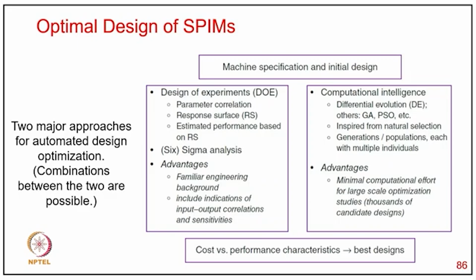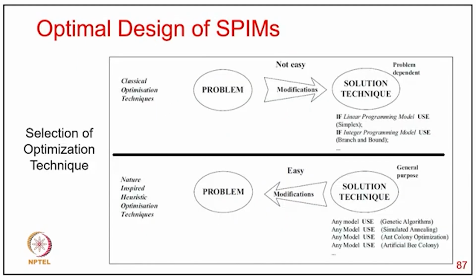And then there is typically computational intelligence, differential evolution and others like GA, PSO, etc., inspired from natural selection and generating a population of each with multiple examples. The advantage is minimal computational effort for large scale optimization studies with thousands of candidate designs, and of course this gives the cost versus performance characteristic for the best design.